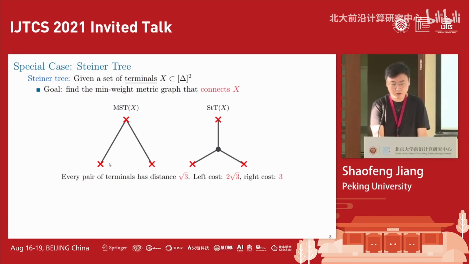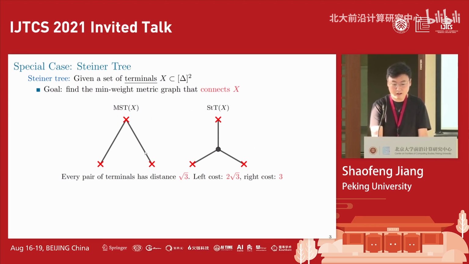The minimum spanning tree simply takes these 2 edges. But the minimum Steiner tree could be different. It could actually use an internal point here, which is not a terminal. As you can compute, this cost is actually 3, while the minimum spanning tree is 2 times root 3. So this right solution is actually lighter, or shorter.